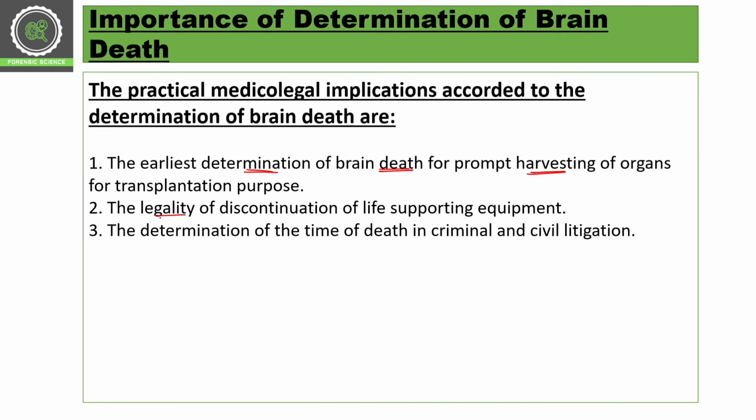Second, because of legal issues, we have to confirm whether some person is dead or not. Third is the determination of time of death in criminal and civil litigation. If some case is related to a criminal or civil case, then it is very important to determine the time since death or time of death. That's why it is very important to understand the brain death situation.